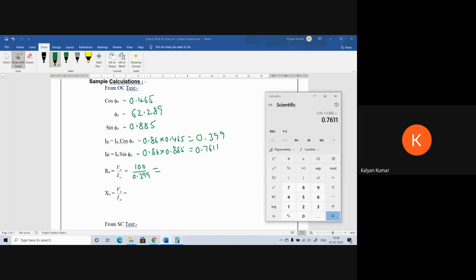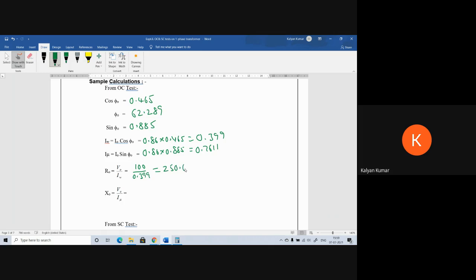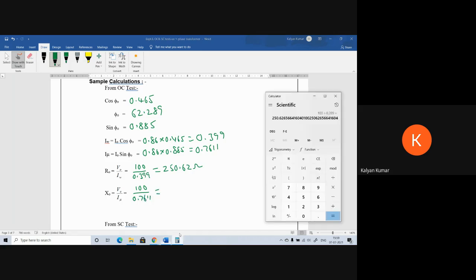So 100 divided by 0.399 gives us 250.62 ohm, and X naught will be 100 divided by 0.7611.